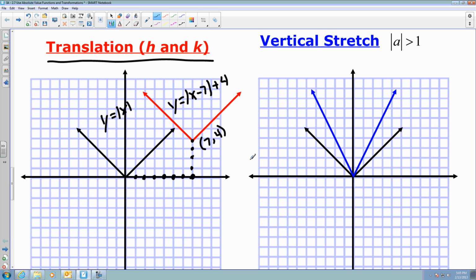To my right here, this blue graph is a representation of a vertical stretch, which means that my black one here again is my y equals absolute value of x, and my blue one has a value of a that is greater than 1.